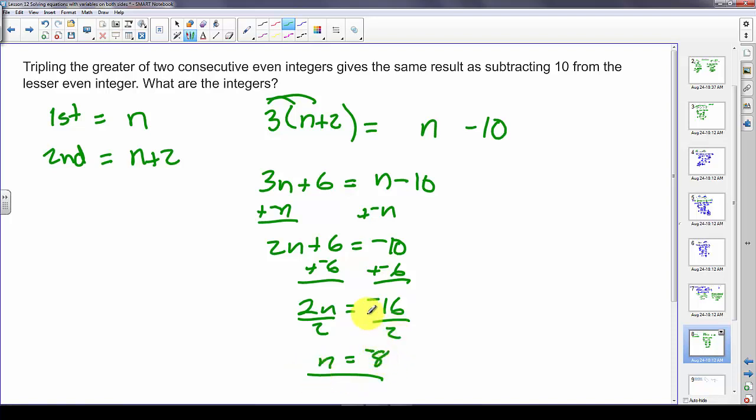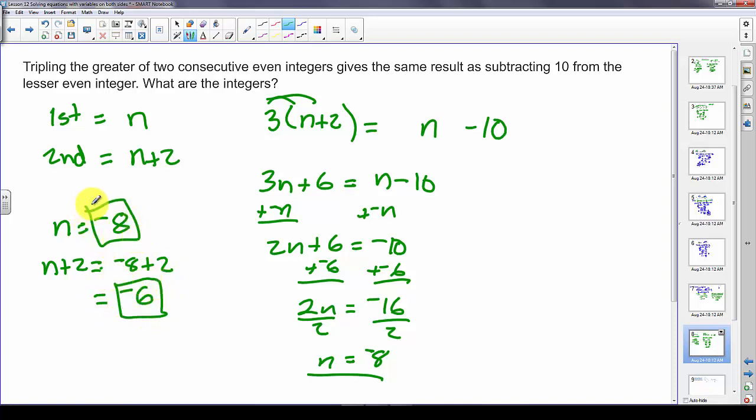Now, it asked me to find the two integers. I've only found one. So if n equals negative 8, then n plus 2 equals negative 8 plus 2, or negative 6. So here's one integer, here's the other integer. And then to check it, it said tripling the greater of 2.